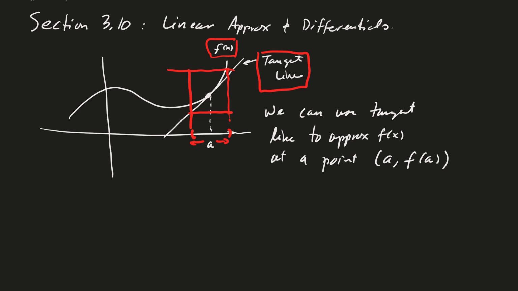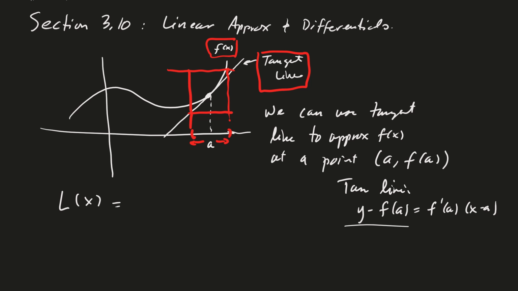Okay, let's see, do we know how to do that already? I think we do. The tangent line, which I'll call L, so L of x is the tangent line. The tangent line, remember, is given as y minus f of a equals f prime of a times x minus a, and I'm writing this over here because I'm going to add f of a to both sides to rewrite it.